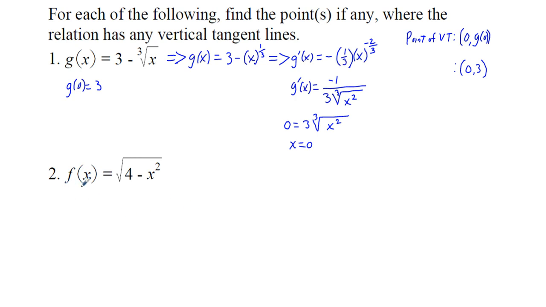Next, problem 2. We have f of x equals the square root of quantity 4 minus x squared. So I'm going to continue to the right and write this in calculus-friendly form. We have f of x equals 4 minus x squared to the power of 1/2, because the square root is the power of 1/2.